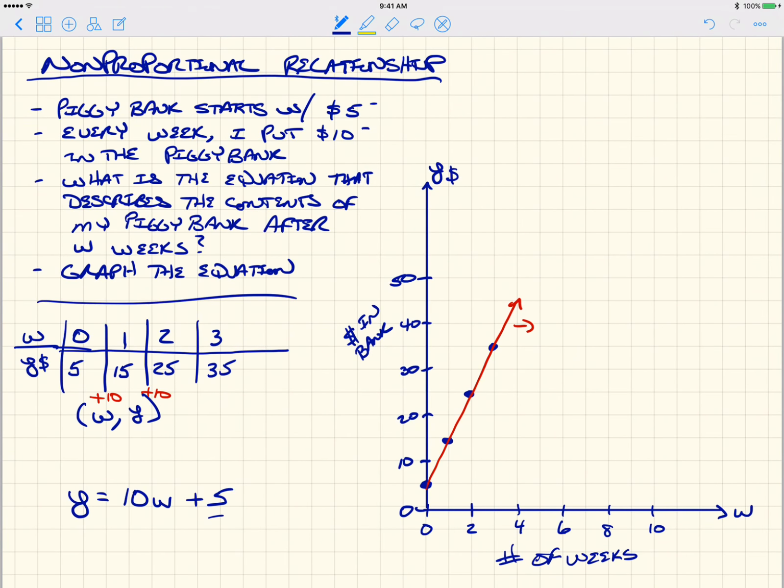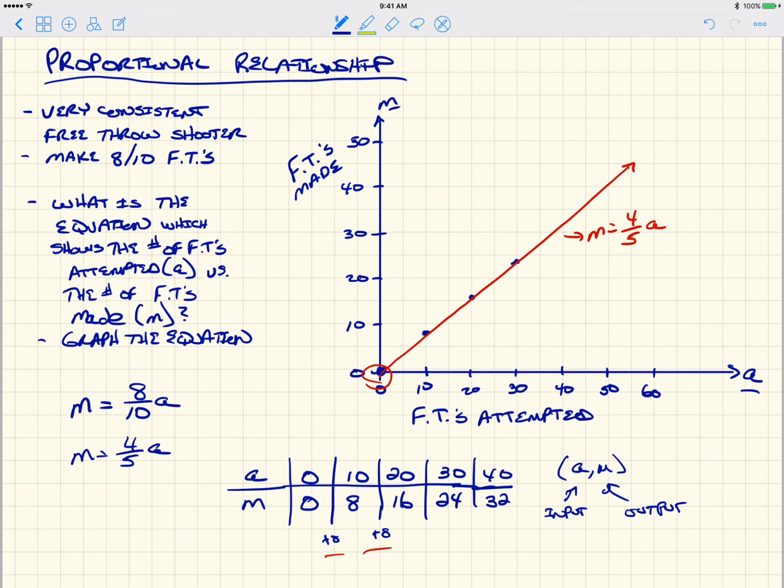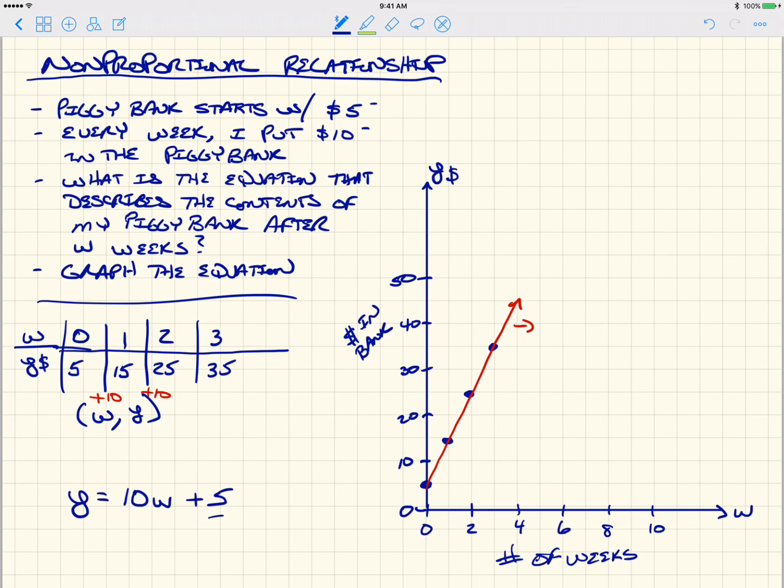So that's the difference between a proportional and a non-proportional relationship. A proportional relationship describes a line that passes through (0, 0). It is a direct variation. A non-proportional relationship can be a line that does not pass through (0, 0).